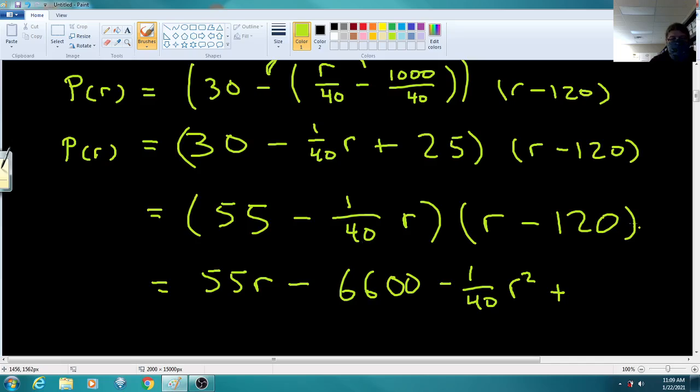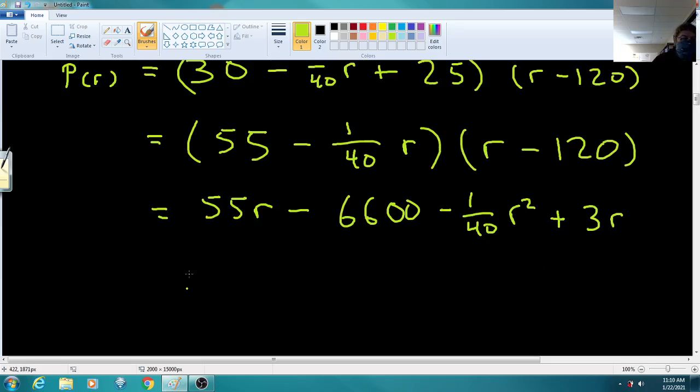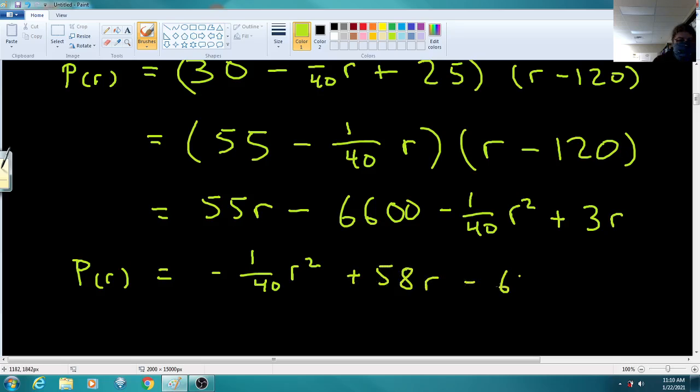It's 1/40th of 120, so I think that's 3. So that'll be 3 times r. So this will be negative 1/40th r squared plus 58r minus 6600.